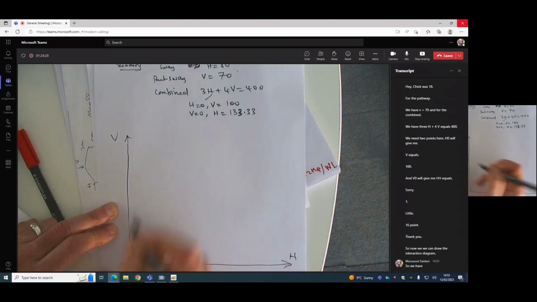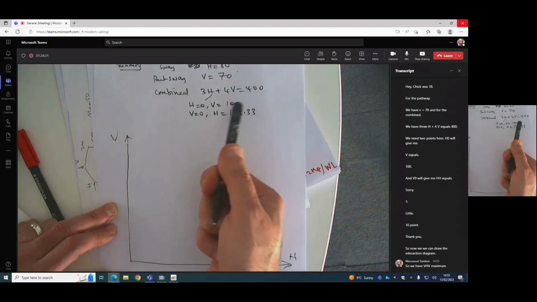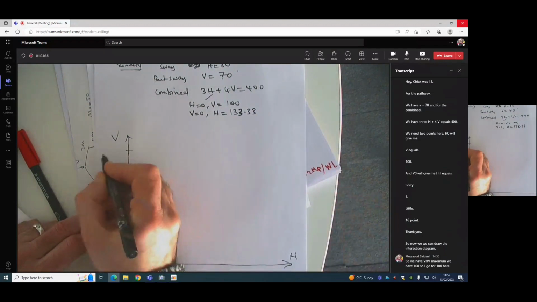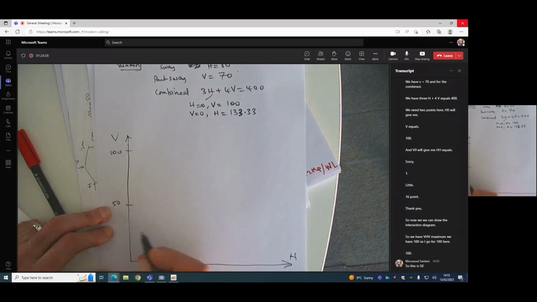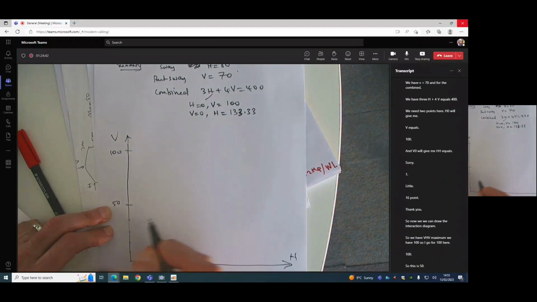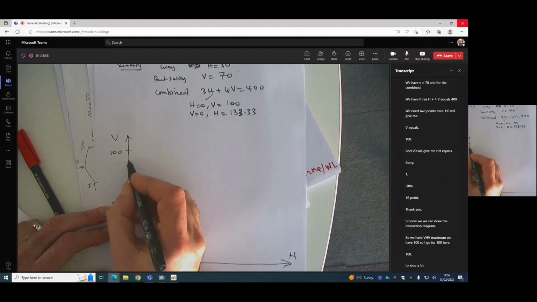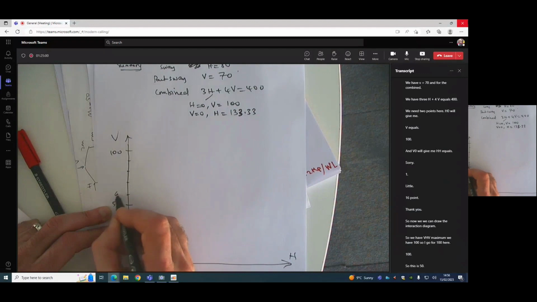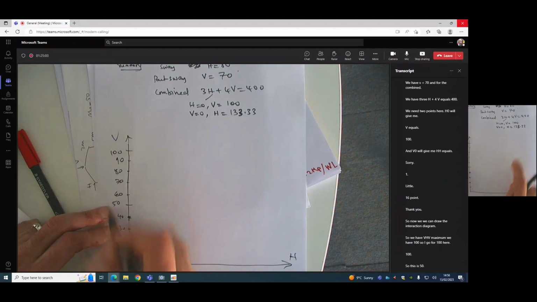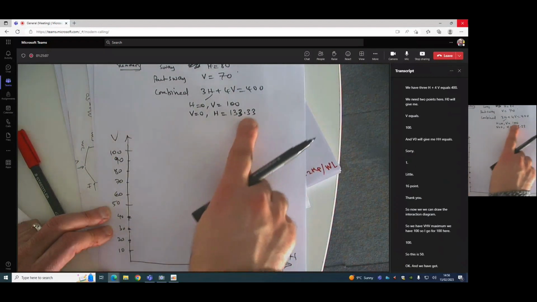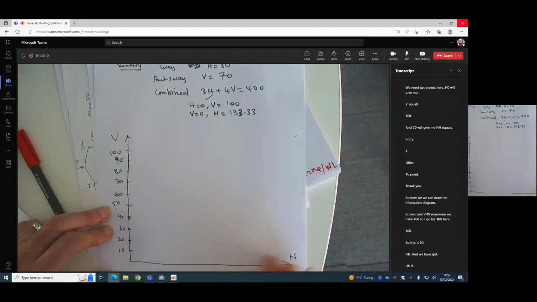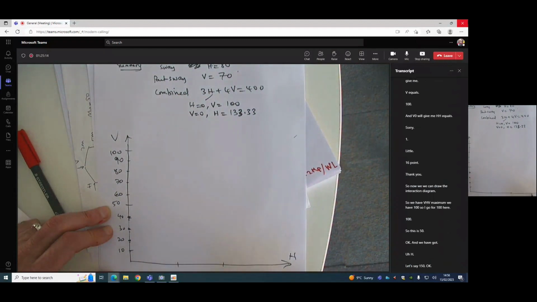So we have V and H axes. V maximum is 100, so I go for 100 here, and this is 50. And for H, let's say up to 150.